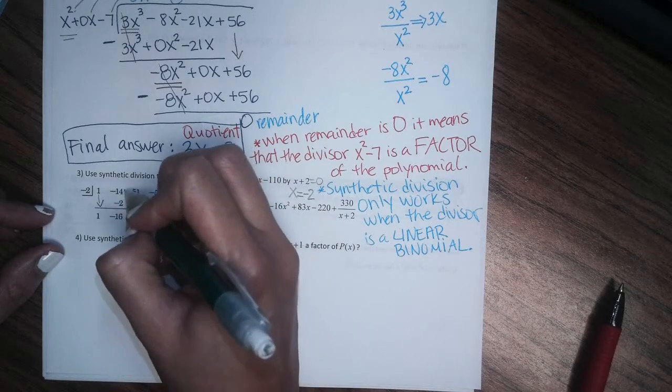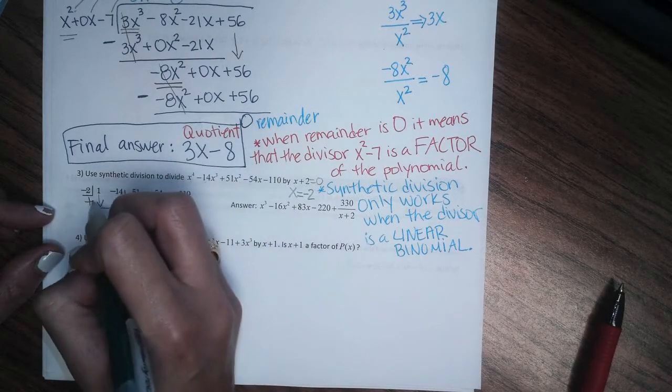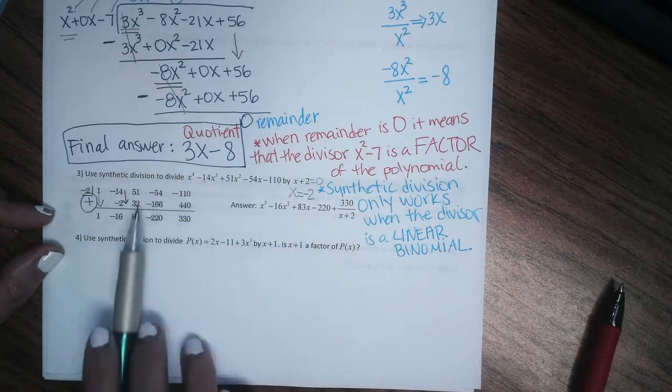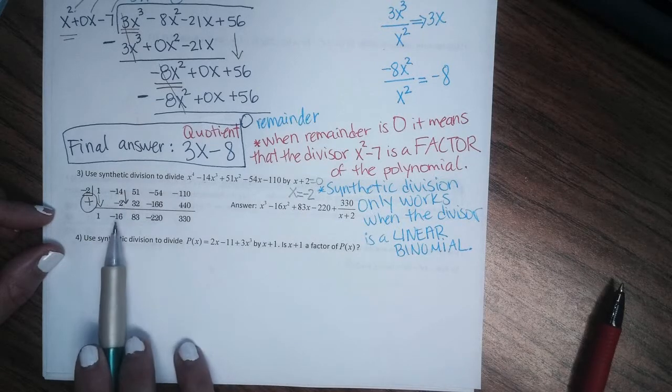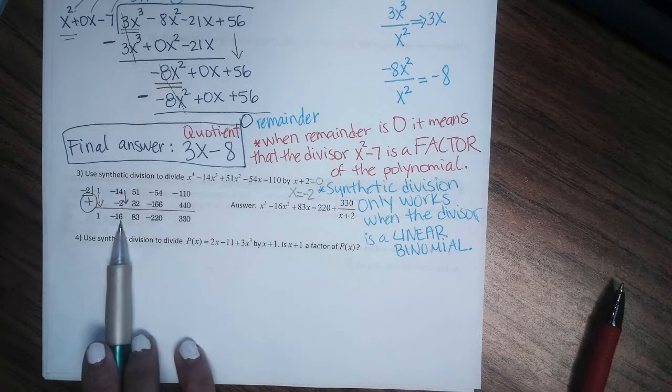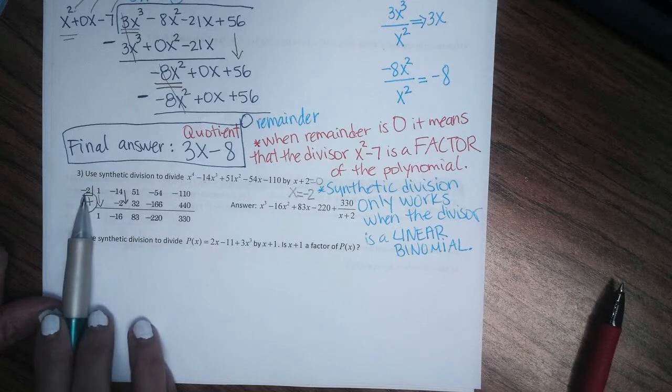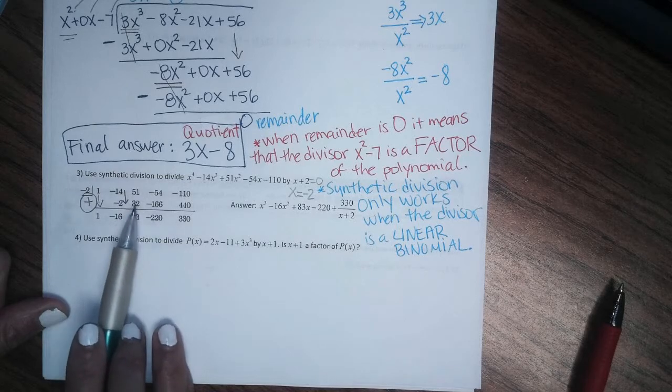Next you bring those down, and by bringing them down, I mean by adding. So you add -14 plus -2, that equals -16. So you write -16. Now you repeat the process. Take -16, multiply by the little box. So -16 times -2 is positive 32. You write that down in the next column, positive 32.